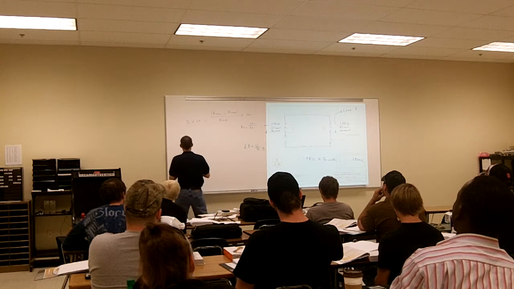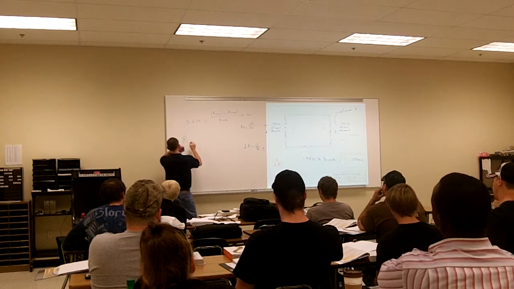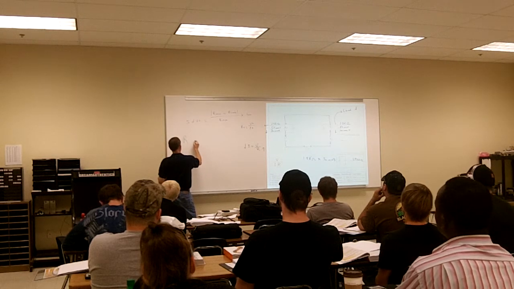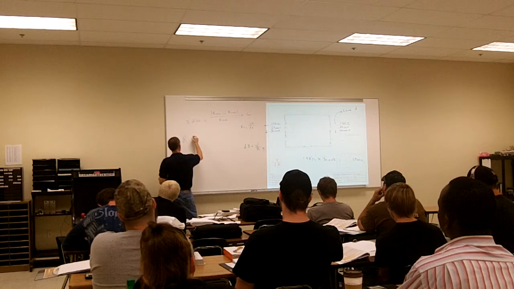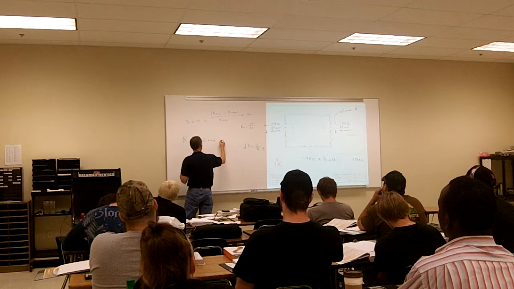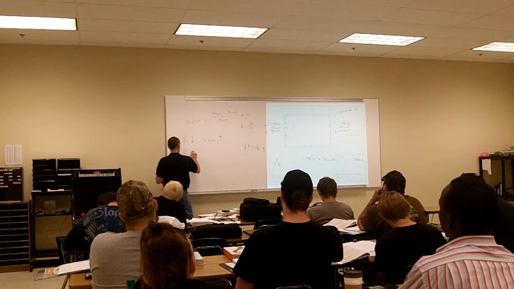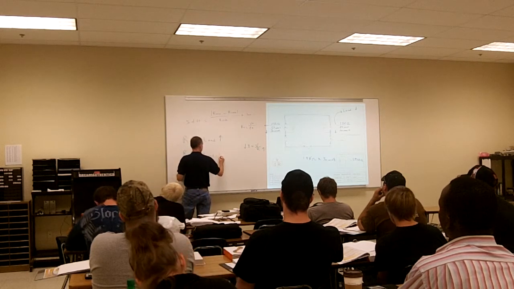So that's something good to think about. R is inversely proportional to our load. If R goes down, my load's going to go up. If my resistance goes up, my load's going to go down.